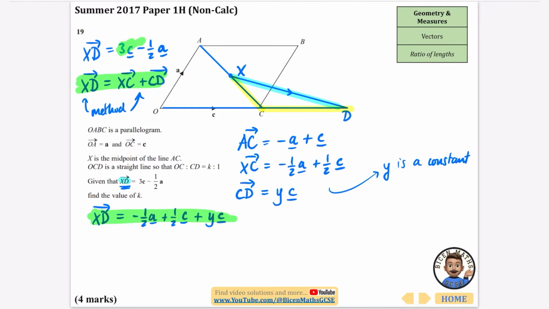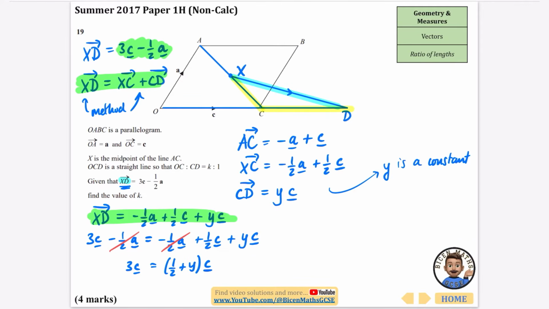And I also know that it's equal to 3C minus a half A. So I'm going to replace the left-hand side with 3C minus a half A is equal to minus a half A plus a half C plus YC. Now what you can see is that the half A's luckily cancel. And what we get left with is on the left-hand side we have 3C. And on the right-hand side, if I factorise, we're going to get a half plus Y, C.